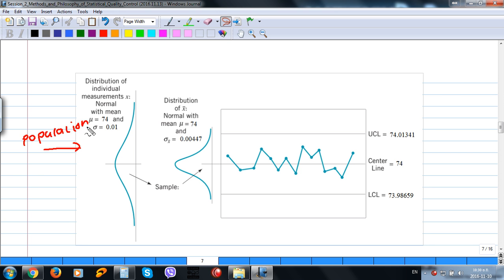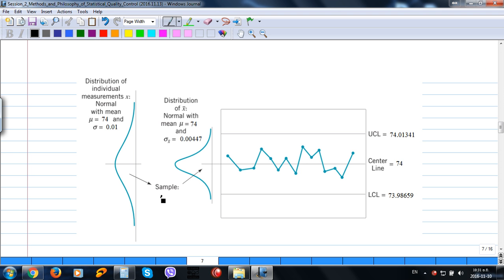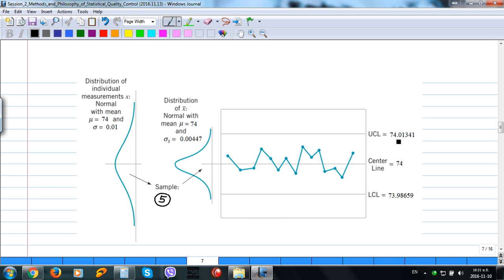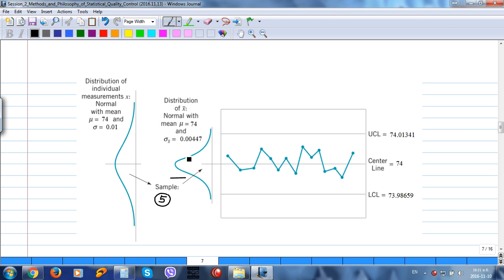We took a sample of 5, as given in the question, and then we found sigma x bar is 0.00447, and also the upper control limit 74.01341 and the lower control limit 73.98659. You can see that this is just like a normal curve.